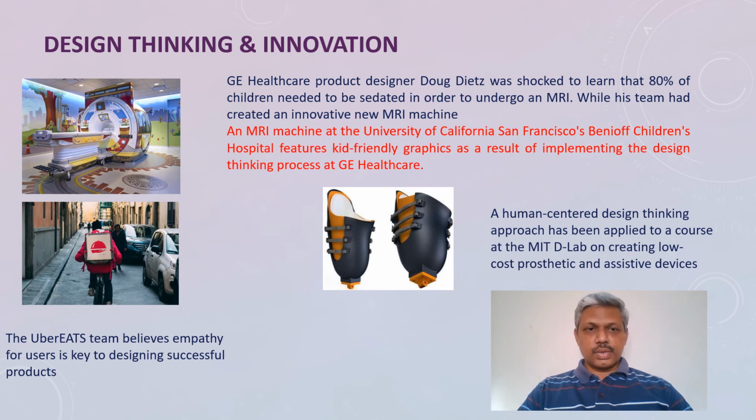This is one example. And the second one is again a human-centered design thinking approach that has been applied at the MIT D-Lab, where prosthetic assistive devices, though they are not new, but again they have applied the design thinking principles. What they observed is that in a particular section of the people, though prosthetic assistive devices are there, they are not conducive to all possible postures of sitting.